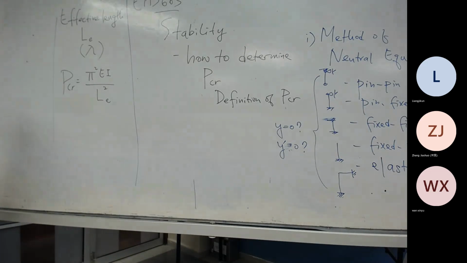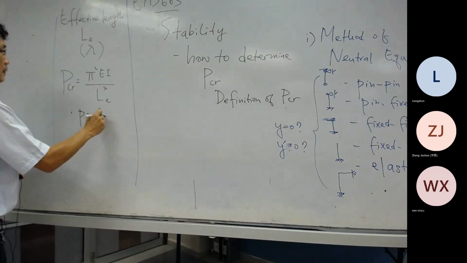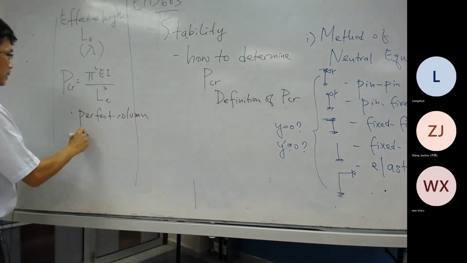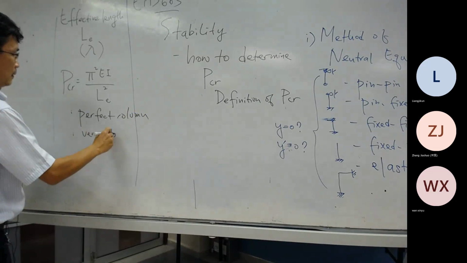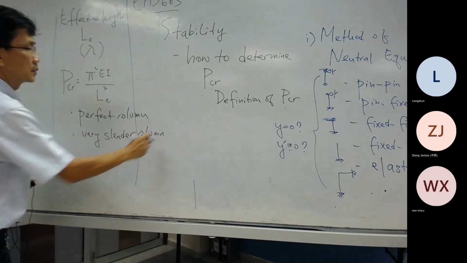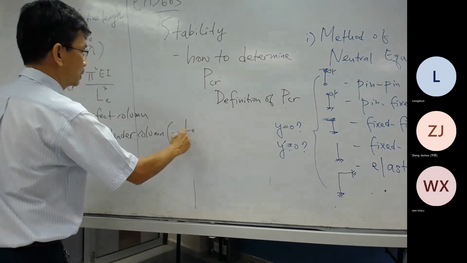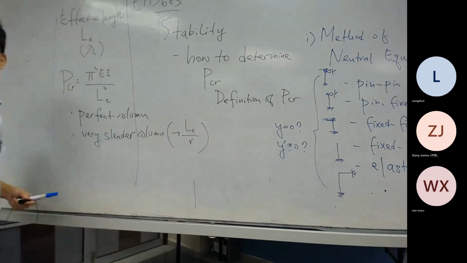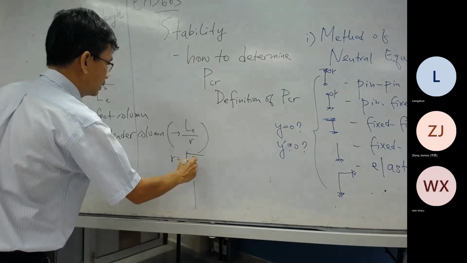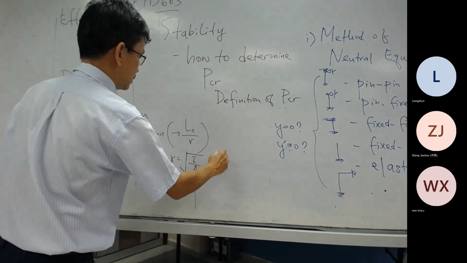So this is applicable to perfect columns and very slender columns. And how do we look at slenderness? We look at the slenderness ratio, where r is equal to the square root of I over A. This is the radius of gyration.